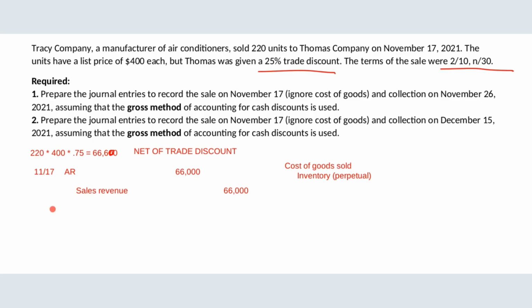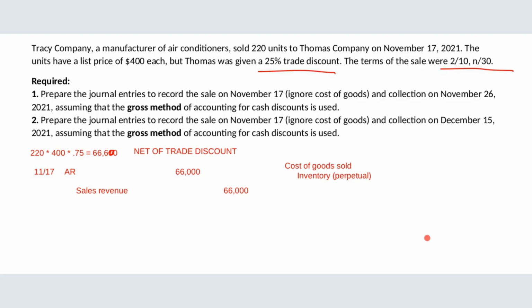All right, and so on the 26th, okay, the buyer took advantage of the discount terms. And remember, the 2 in the front indicates 2% discount if paid within 10 days, okay? And so they fulfill the agreement of paying it within 10 days, and therefore they're entitled to the discount.